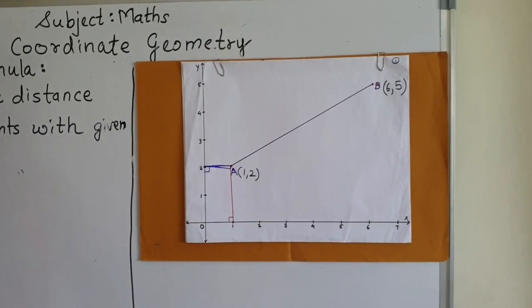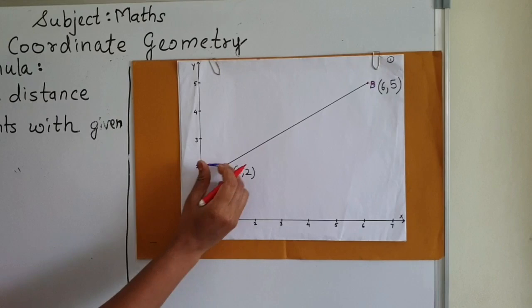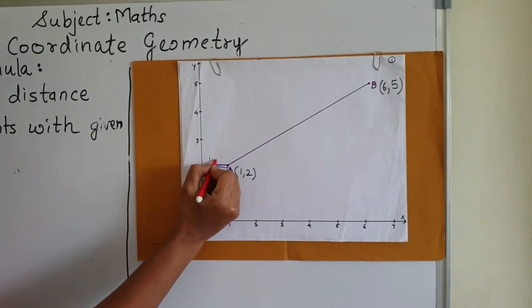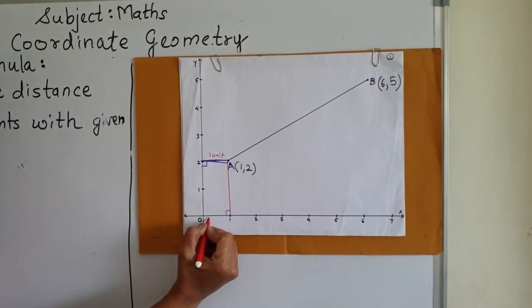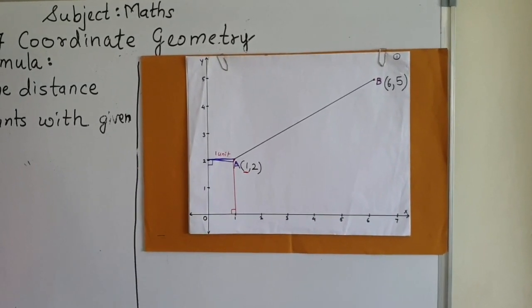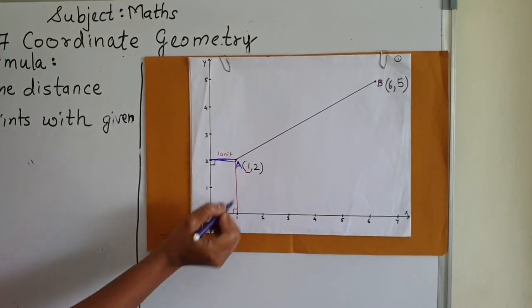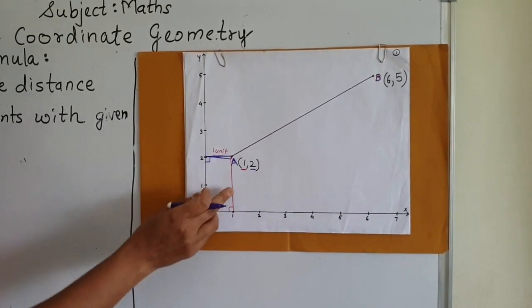So now you can see that perpendicular drawn gives us this horizontal distance as 1 unit. It means this is 1 unit x coordinate, and a perpendicular dropped on x axis is nothing but y coordinate, 2 units.